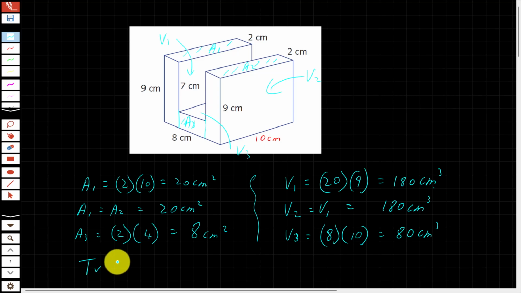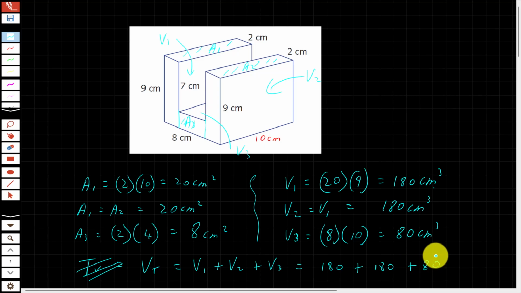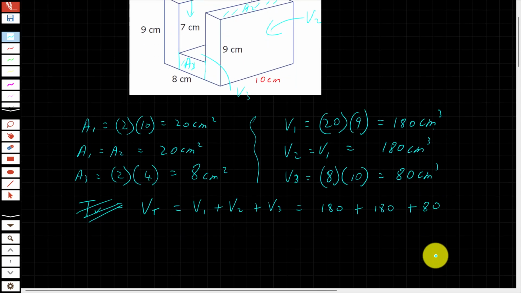So volume total equals V1 plus V2 plus V3, 180 plus 180 plus 80, which equals 360 plus 80, which equals 440 centimeters cubed. That's the total volume of this object.